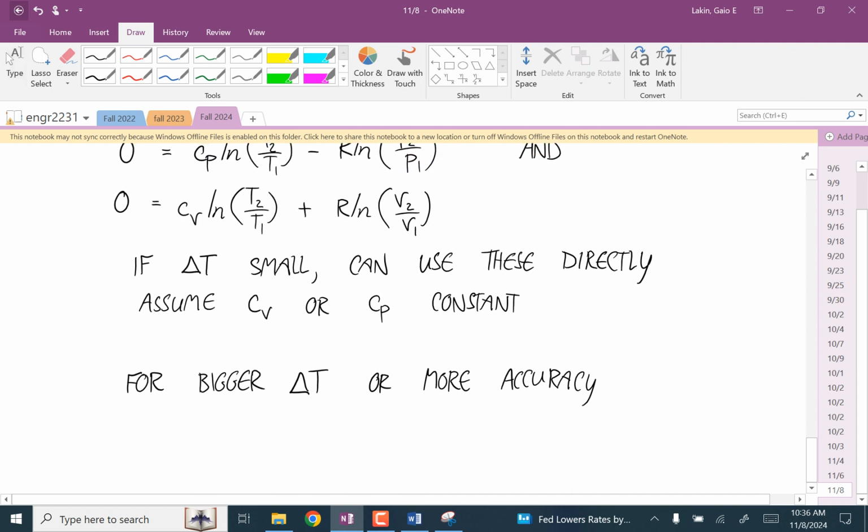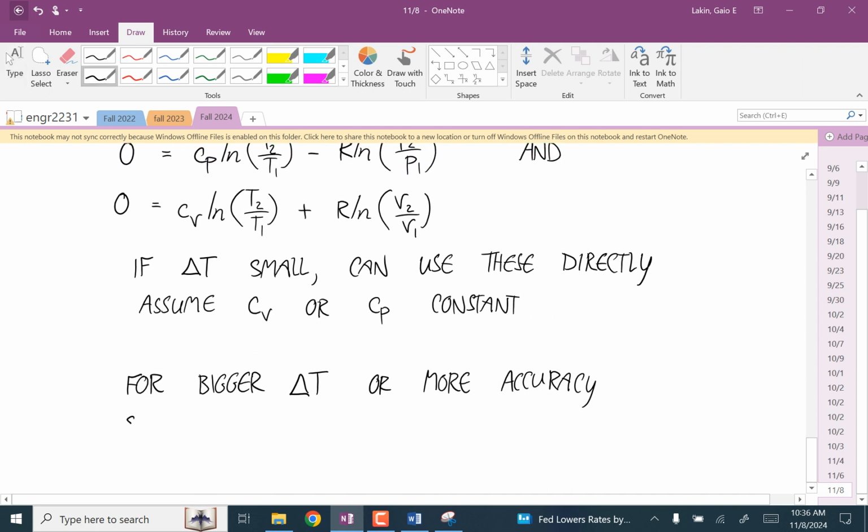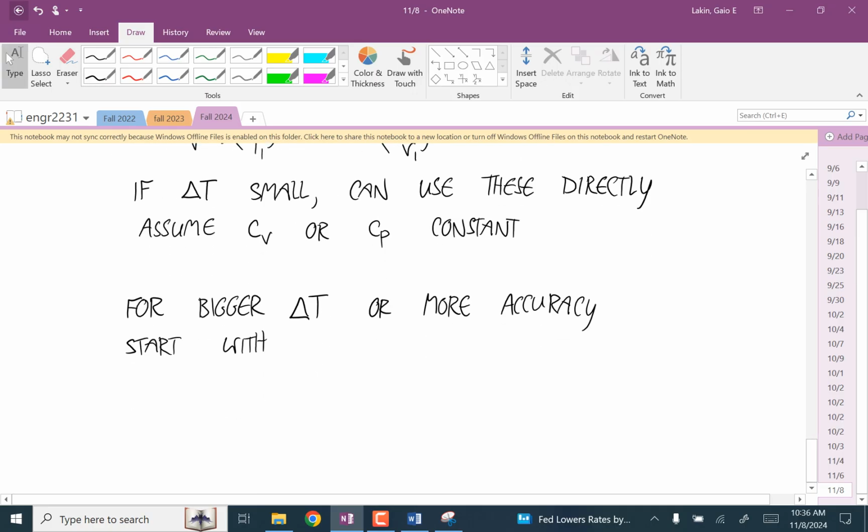We're going to use the Cp one. So we'll go Cp times the natural log of T2 over T1 is equal to R times the natural log of P2 over P1.